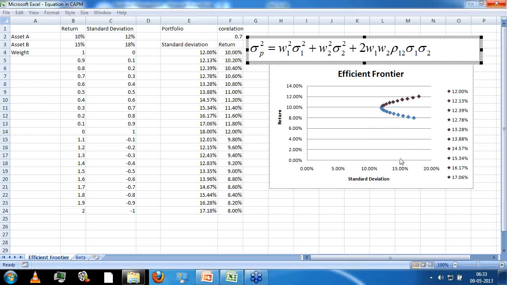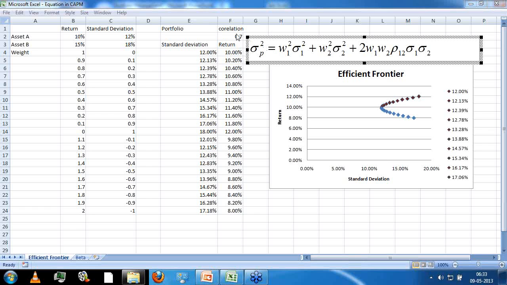At the same standard deviation, I'm once again going to repeat this concept. What we did, we took different weights of asset A and asset B. We already know the correlation between asset A and asset B, that is 0.7.